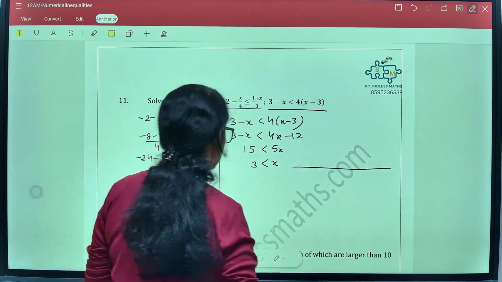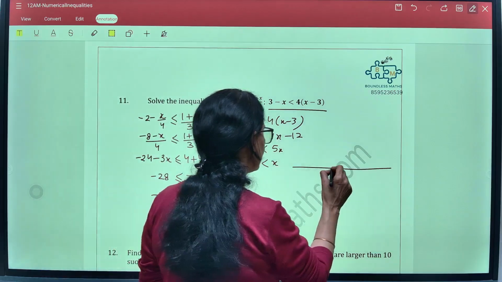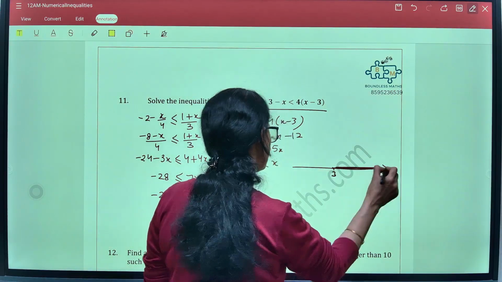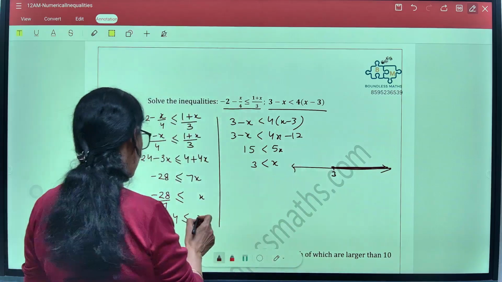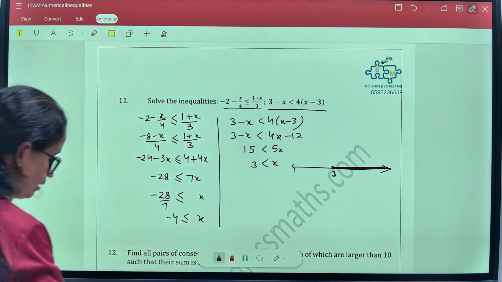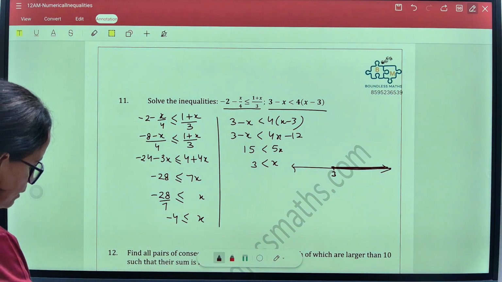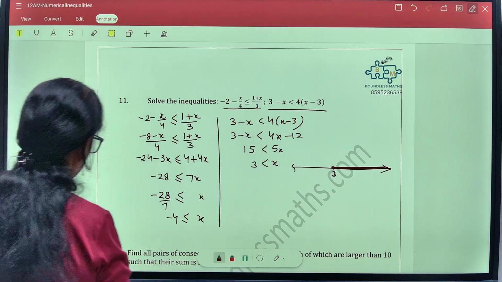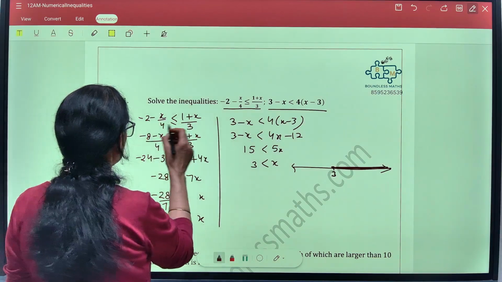Now on the number line, let's plot both the conditions. X is greater than 3. So all the numbers greater than 3 are part of the solution. And x is less than or equal to minus 4. Hope we have not made any mistake here.